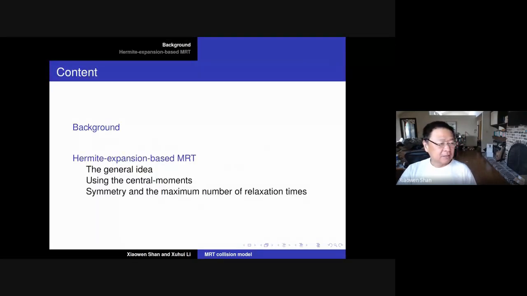I'm going to talk about the background, and then I'll go to the detail of this Hermite expansion-based MRT. There are three parts: the general idea, and the central moment version of the MRT, and last I will talk about the symmetry and the maximum number of relaxation times that we can include in the model.